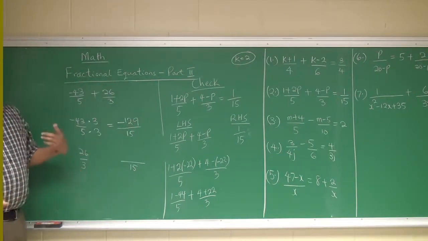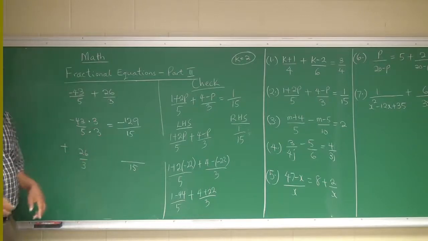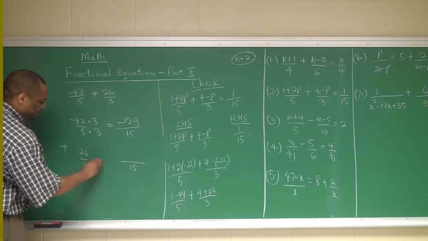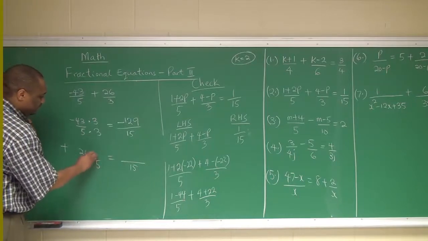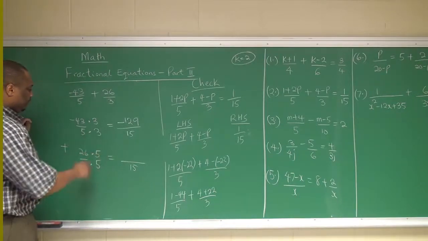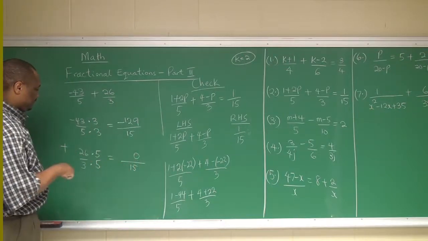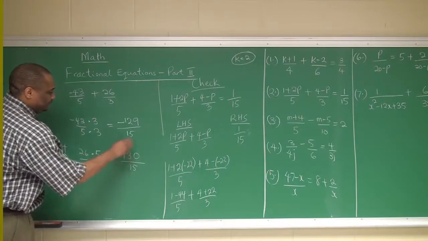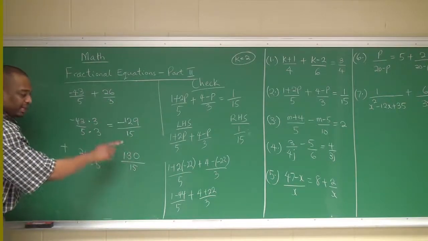You come down here, you ask, what will you do to 3 to give you 15? You multiply by 5. And whatever you do to the denominator, you have to do to the numerator. 5 times 6 is 30, 0 carry 3, 5 times 2 is 10 plus 3, 13. So now they have the same denominator.